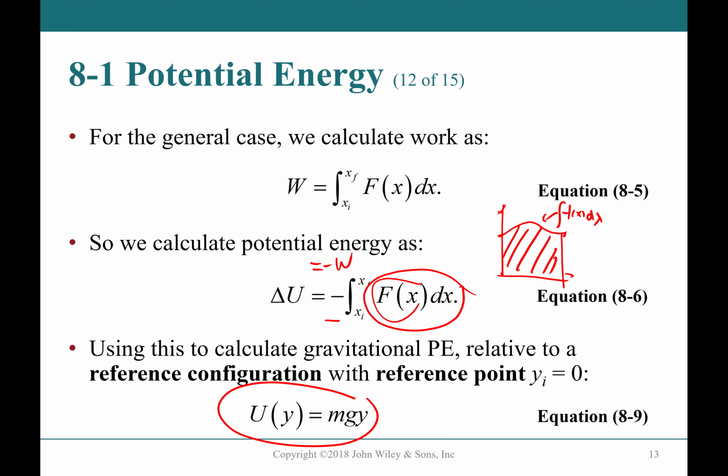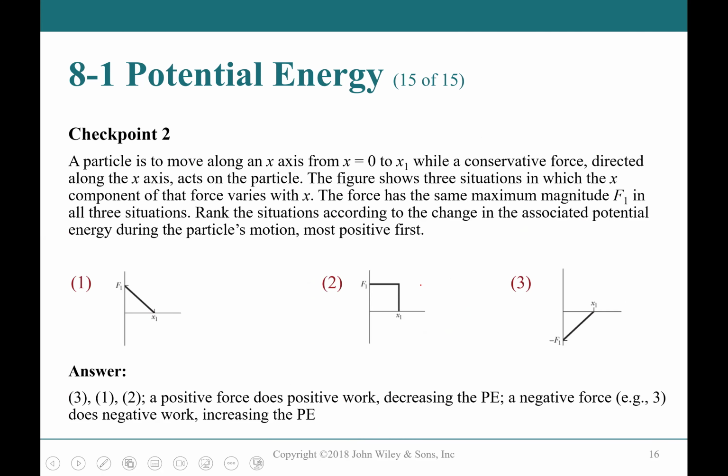And here we have our F. If you want W, the work done by F, then it's the area under the curve. So this is your work, and this is your work, and this is your work.